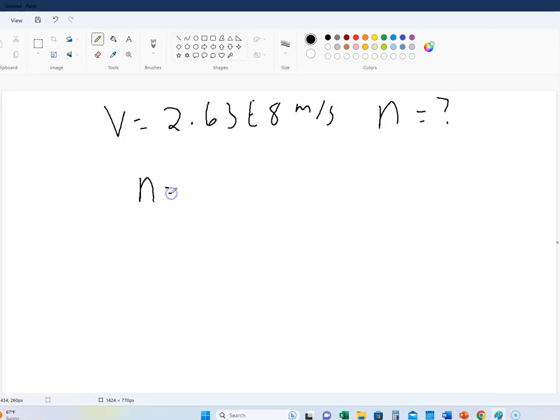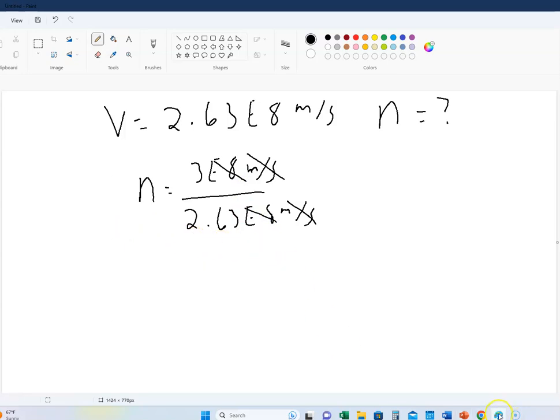n is 3 times 10 to the 8th meters per second, the speed of light in a vacuum, divided by 2.63 times 10 to the 8th meters per second. And of course, the meters per second cancel, the times 10 to the 8th cancels. And so it's just 3 divided by 2.63.